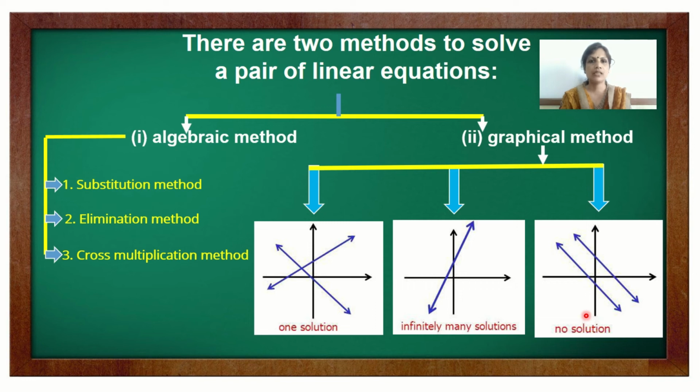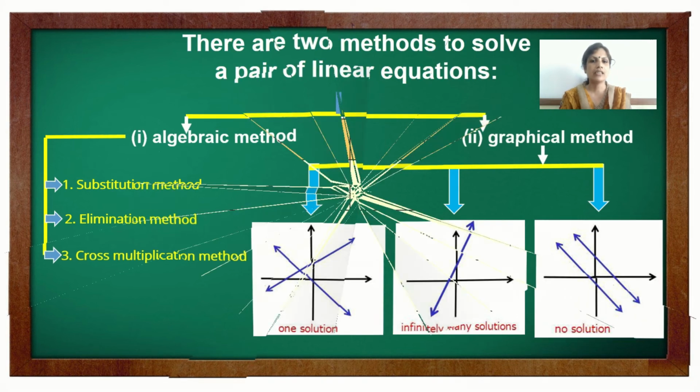This represents that for this pair of linear equations there is no common solution. Alright, so this is called the graphical interpretation of linear equations in two variables. So we'll see this in the next slide.